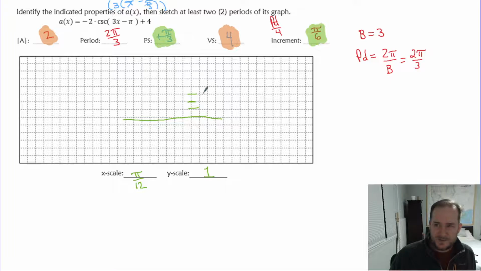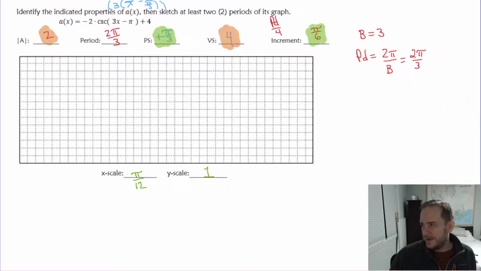And a bit of a case can be made for that because our function, cosecant, doesn't live in between here. It lives outside of there. So you'd actually be giving yourself kind of more room to plot the graph by making the middle region skinnier. I'm almost talking myself into it. I think I might want to use a y-scale of 2 instead of 1. I'm not going to. I'm going to stick with 1. But hopefully you guys understood why there's actually kind of a strong case for going by 2 instead of 1.